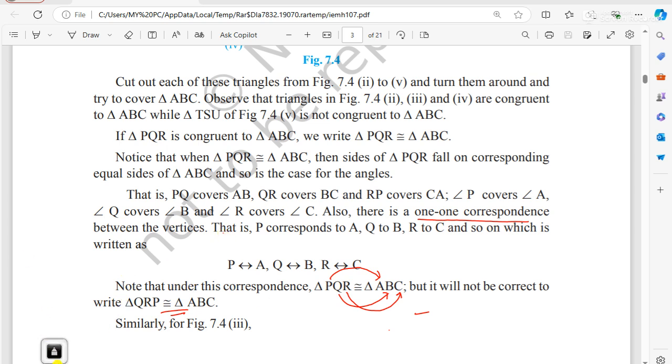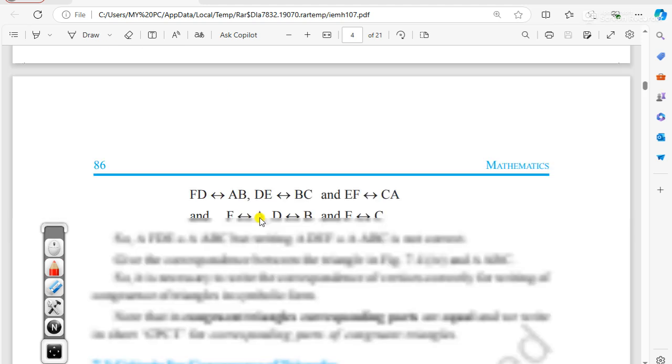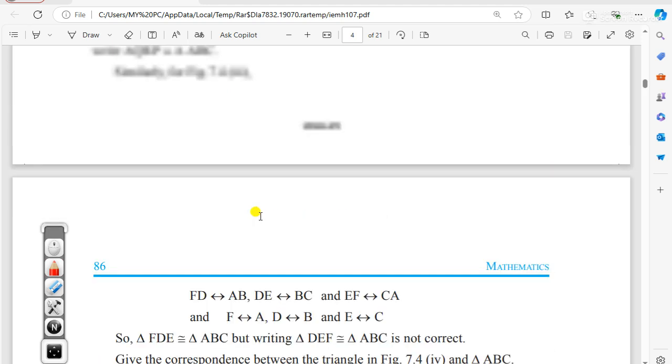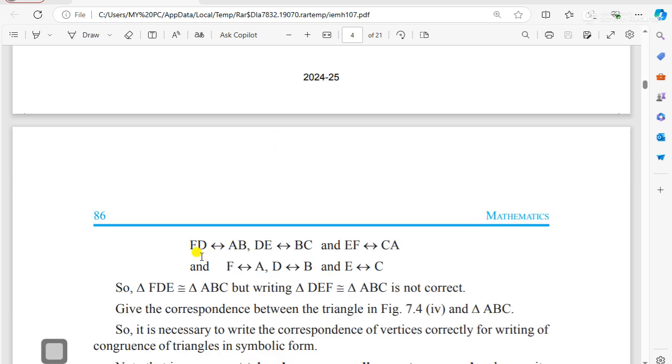Now we'll see other aspects of this chapter. Also you can see here that similarly for figure 7.43, FD corresponds to AB, DE corresponds to BC, EF corresponds to CA, and F corresponds to A, D corresponds to B, and E corresponds to C. So triangle FDE is congruent to triangle ABC. But you cannot write that triangle DEF corresponds to triangle ABC.